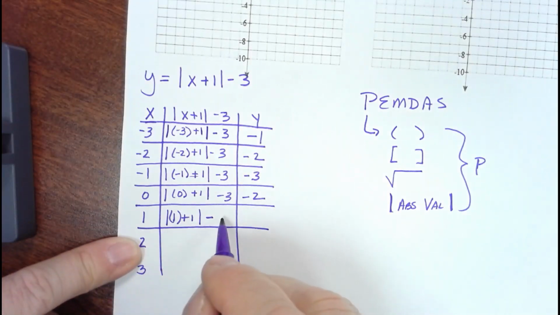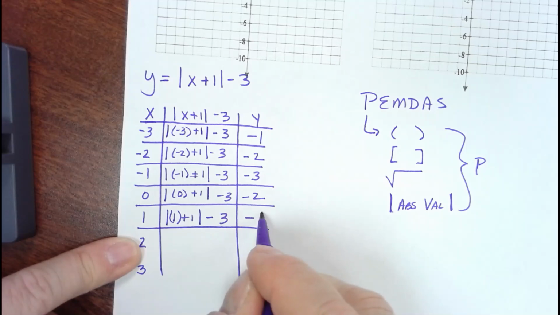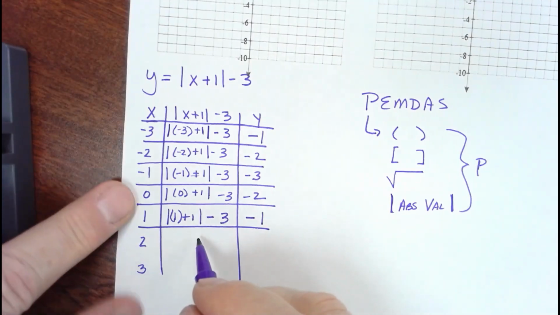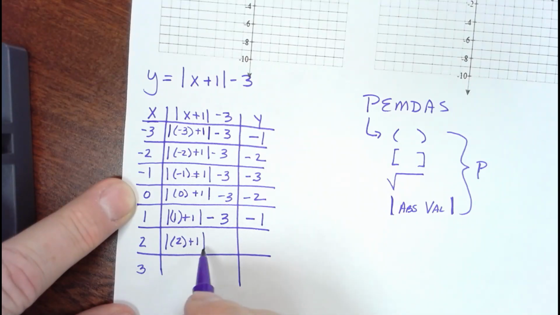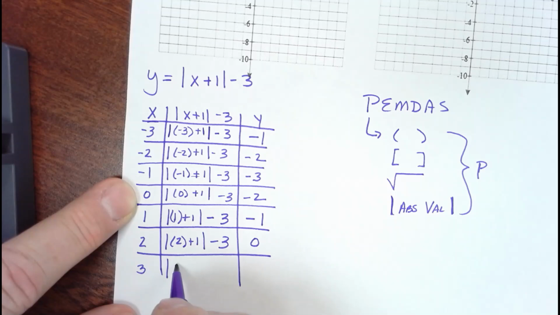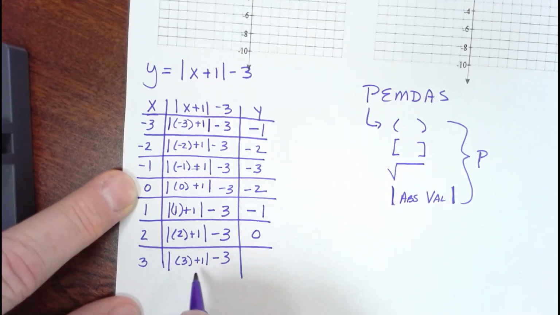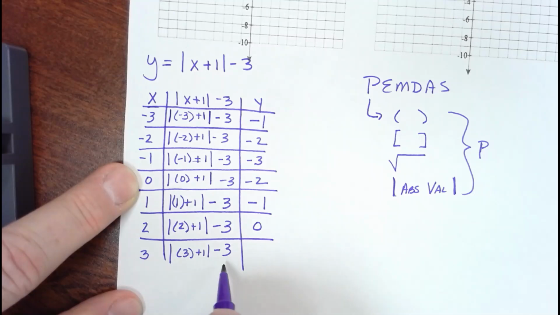Absolute value of 2 is 2, minus 3 is a negative 1. 2 plus 1 is 3. Absolute value of 3 is 3. Minus 3 is 0. 3 plus 1 is 4. Absolute value of 4 is 4. Minus 3 is a positive 1.